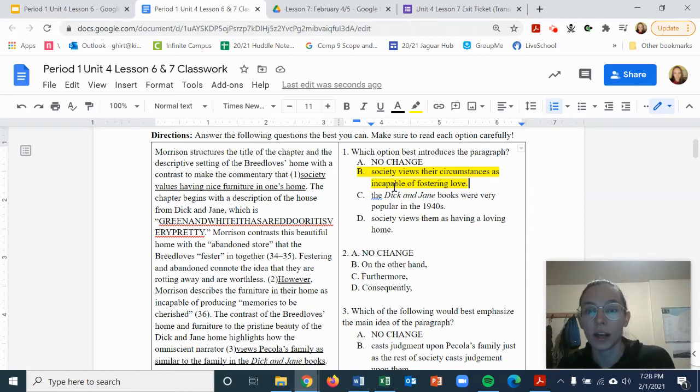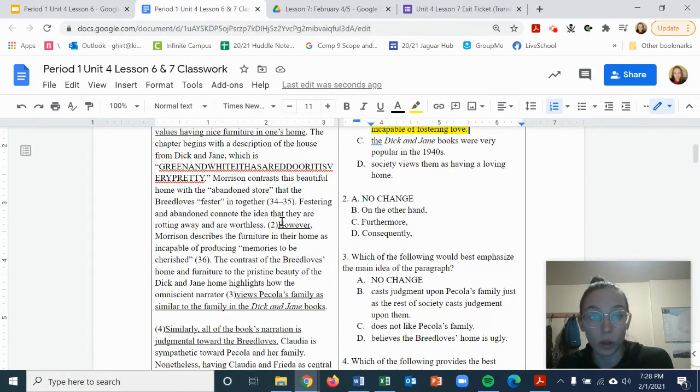That they are incapable of having a happy home because of the way their home looks, the way their home is described, right? The author says that they fester together. They point out that the store is abandoned, right? The furniture is incapable of producing memories to be cherished.